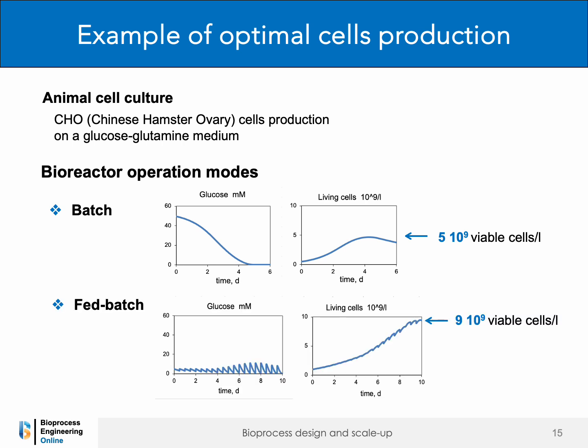Conversely, operating the bioreactor in a fed batch mode, characterized by intermittent additions of the culture medium, enables the control of glucose and glutamine concentrations at low levels throughout the culture period. Under these conditions, CHO cell growth persists, reaching a concentration of around 9 billion living cells per liter. Clearly, the fed batch mode proves to be the most suitable for the efficient production of CHO cells.